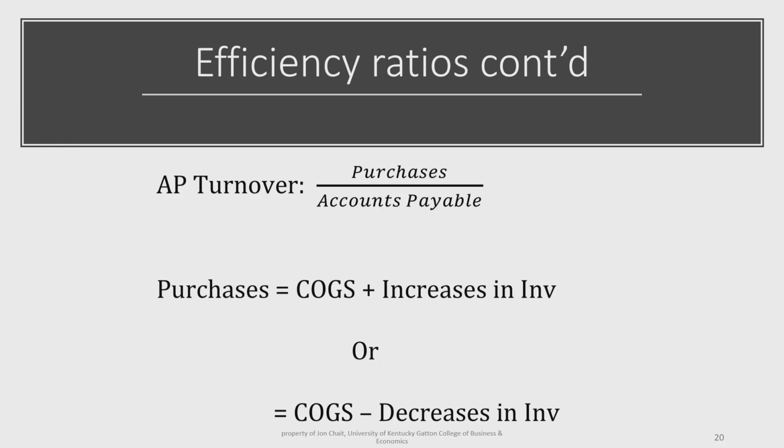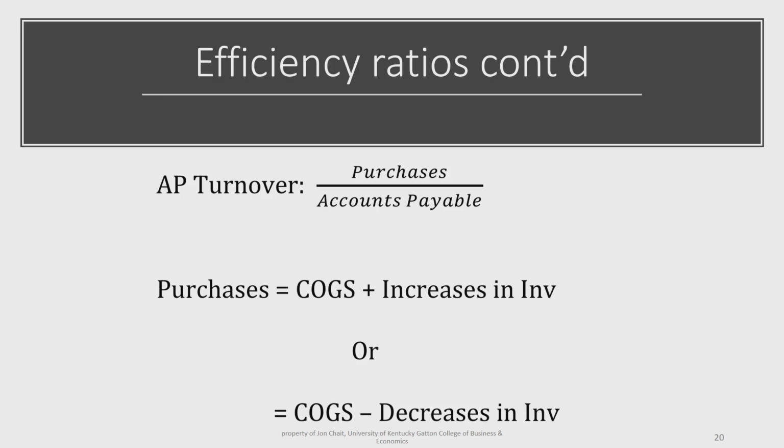On the other hand, if the company was running off its inventory, it wouldn't need to buy as much. It would fulfill COGS from the inventory, and it would run down the inventory. So we have to calculate purchases, but it's a little bit complicated and maybe even a little bit counterintuitive. But this is the way we do it.